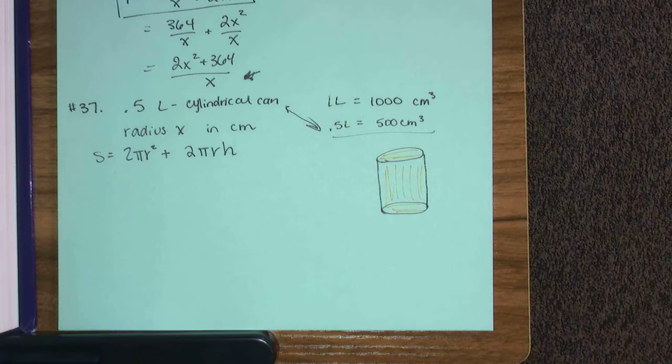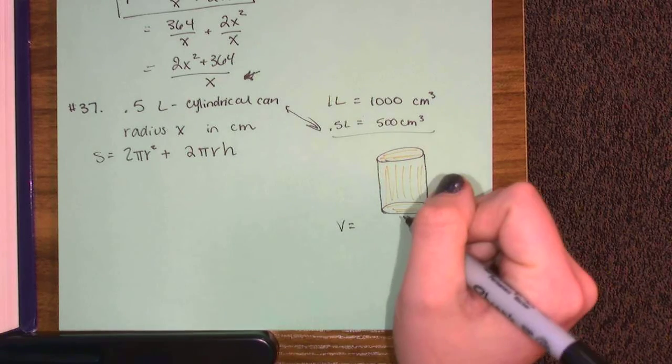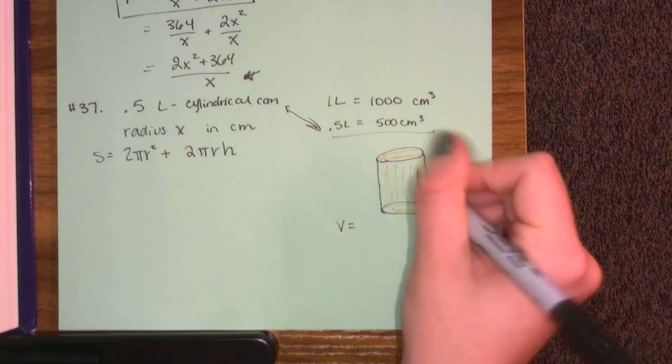So I need to kind of convert things here to figure out all the pieces that I need to actually be able to express the surface area S as a function of x. So what do I know about the volume of this? What's the volume of a cylindrical can?